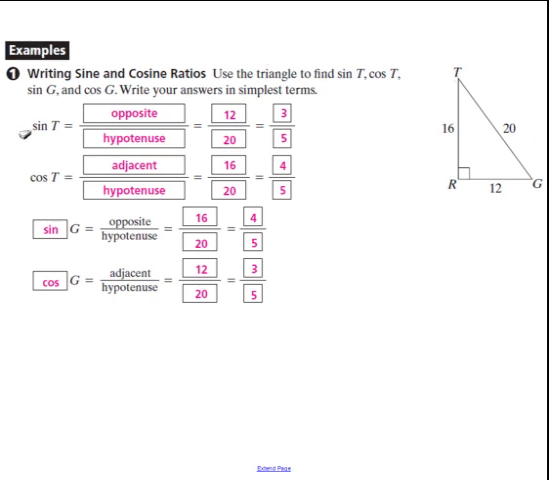Going back to that identity from the first page, this angle G is just 90 minus this angle T. So the sine of this angle is equal to the cosine of 90 minus this angle, which is G. So neat little relationship between the two angles in a triangle when we do these ratios.